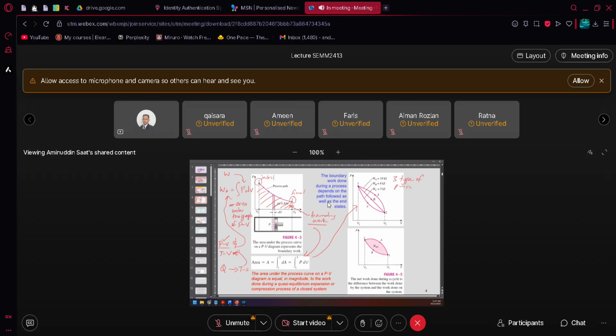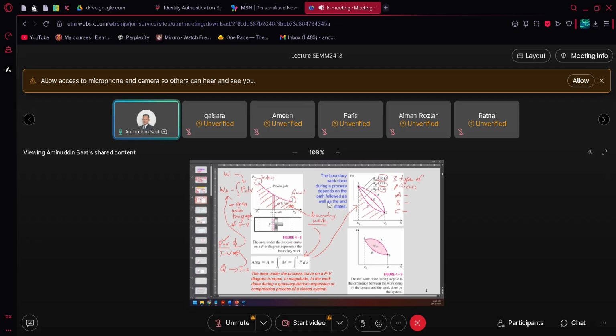A, B, and C. Even though you can see A, B, C have the same initial point and final point, the processes are slightly different. A represents boundary work of 10 kilojoules, B represents 8 kilojoules, while C represents 5 kilojoules. So you can indicate the value of boundary work by the area under the graph.